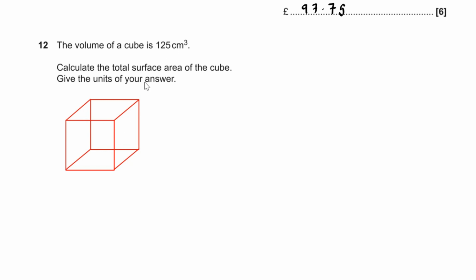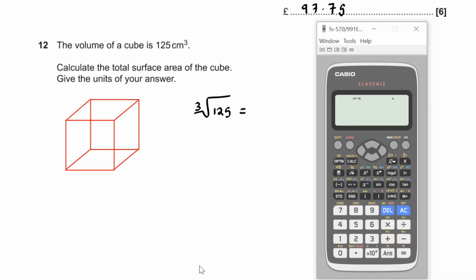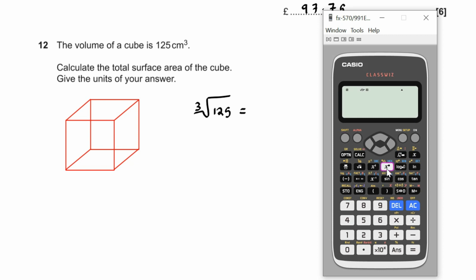The volume is 125 centimeters cubed, and therefore the length of one side will equal the cube root of 125. So if we work this out, we get 5. So we've got 5 centimeters by 5 centimeters by 5 centimeters.